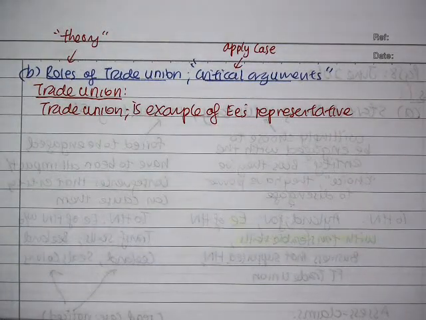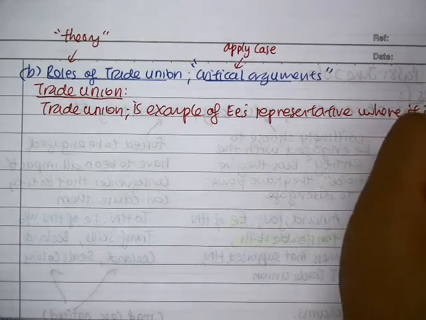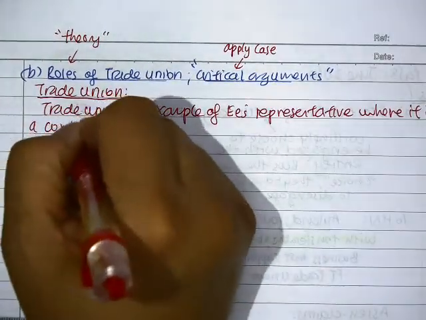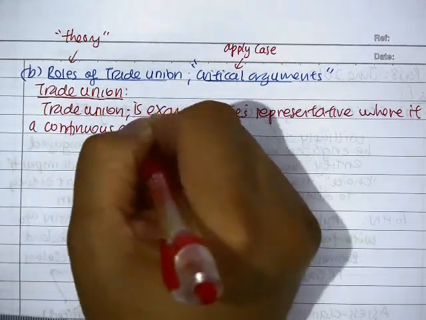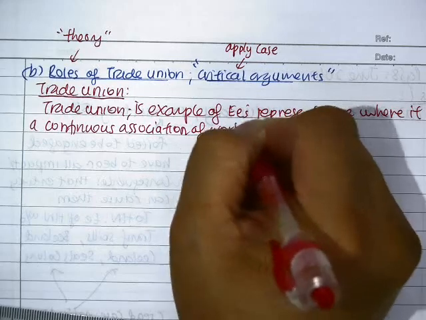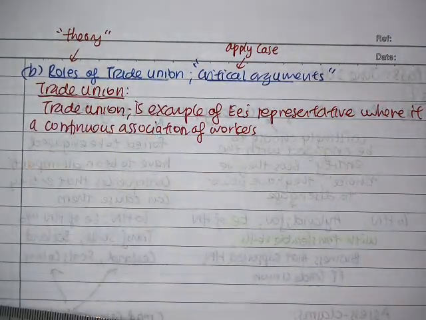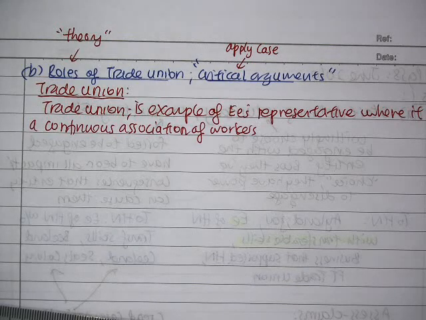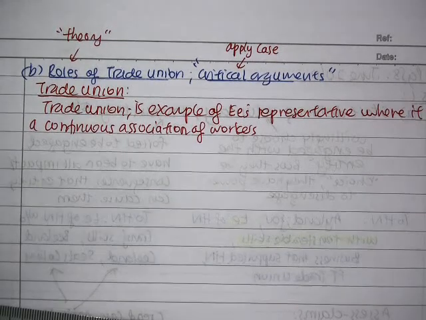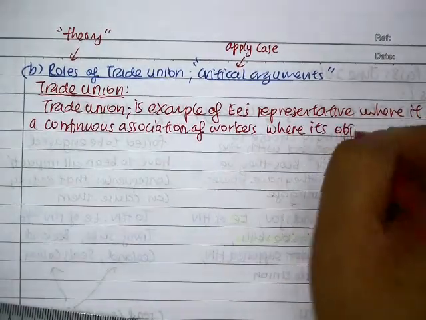Now, trade union is an example of employees' representative, where it is a continuous association of worker. It's an association, it's a continuous association, because you get all your workers to continue.